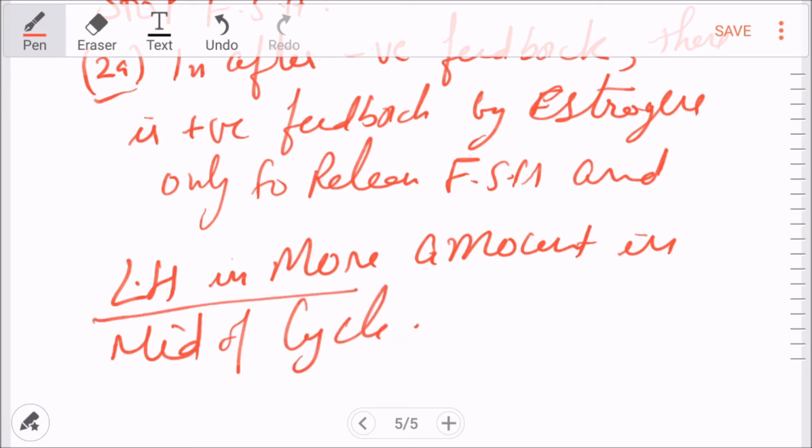So LH surge is more at the mid of the cycle due to the positive feedback of the estrogen.